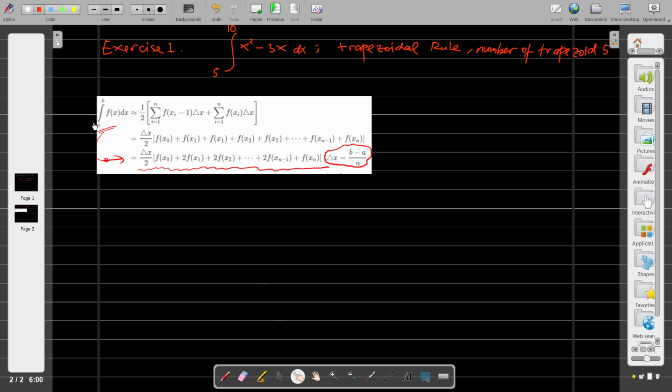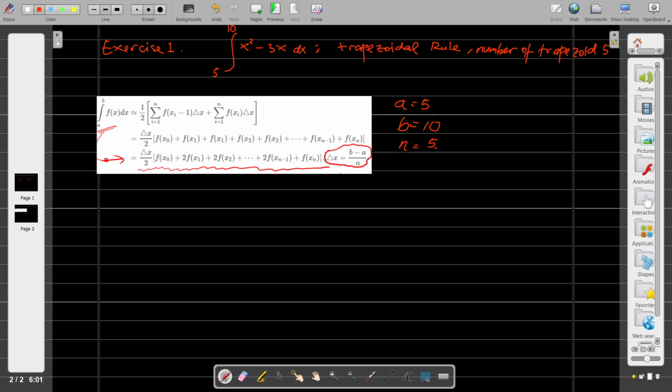So the a is 5, a equals 5, and then b equals 10, and then n equals the number of trapezoids we need. Because the number of trapezoids we need is 5, the value of n will also be 5.